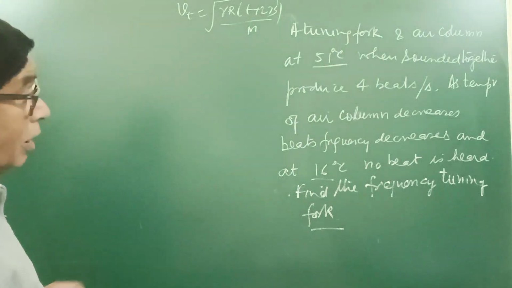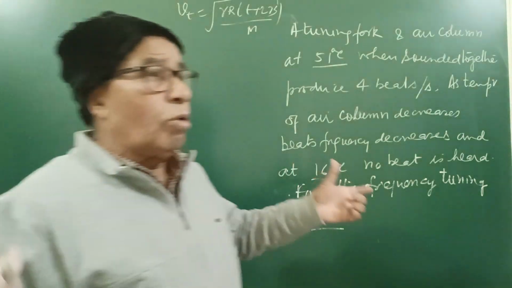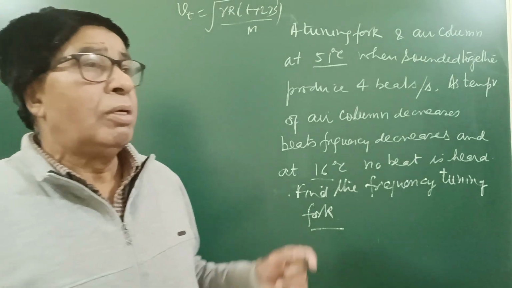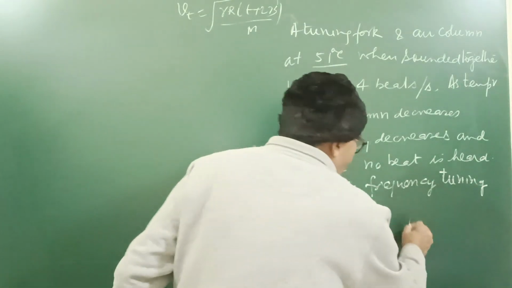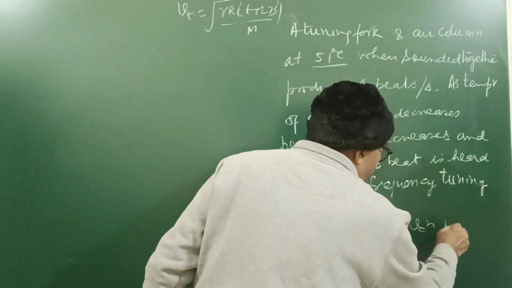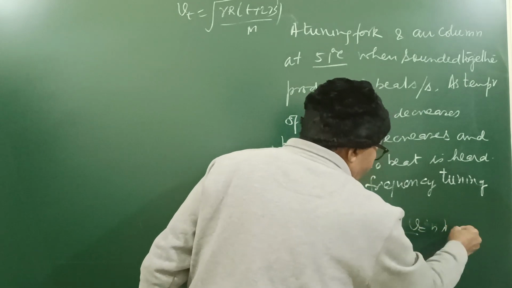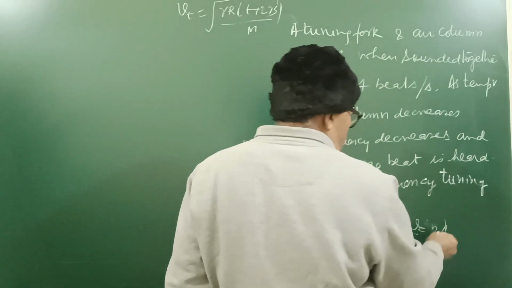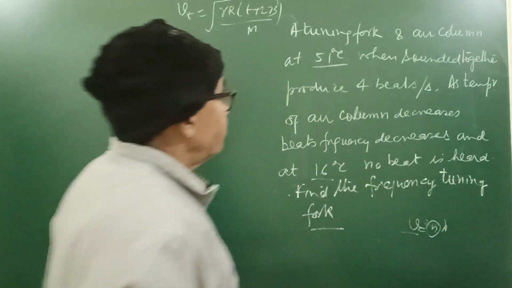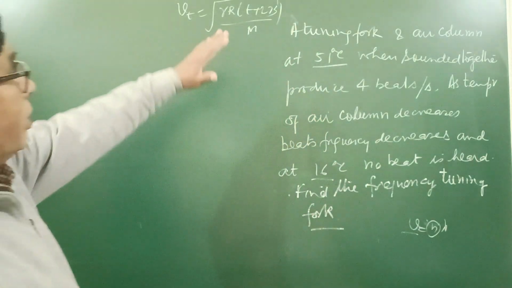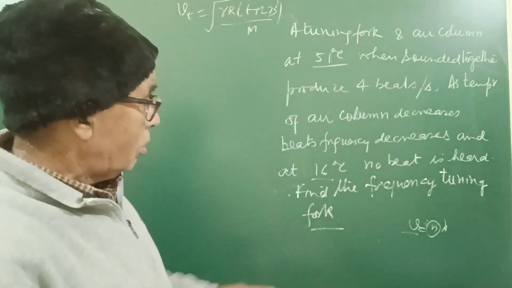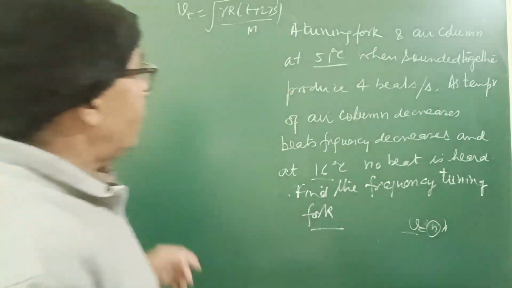A given air column will have a definite wavelength, and v equal to lambda times frequency. If speed changes, wavelength remains constant, so frequency will change. And as temperature decreases, speed decreases, so frequency will decrease.